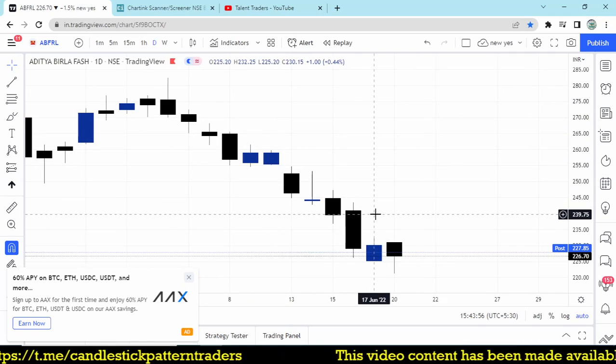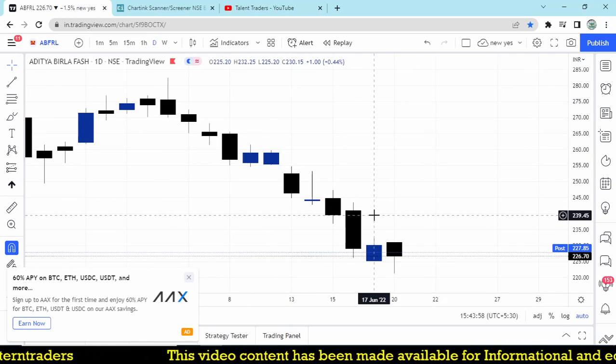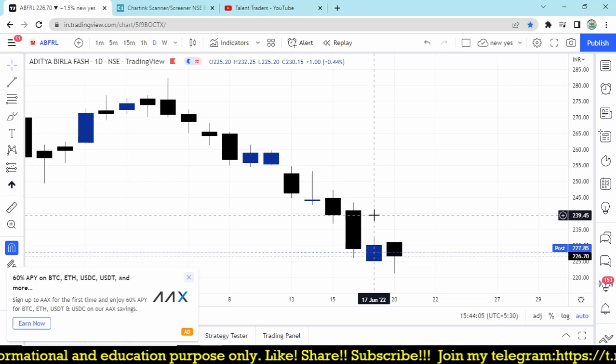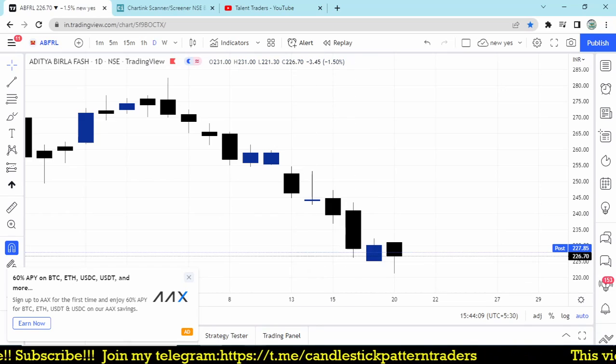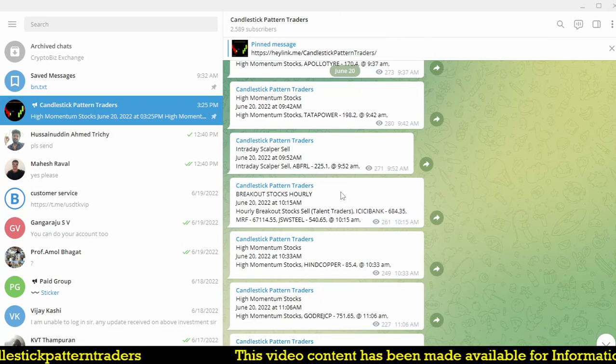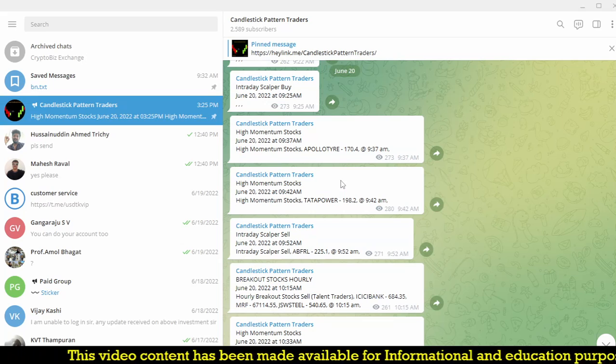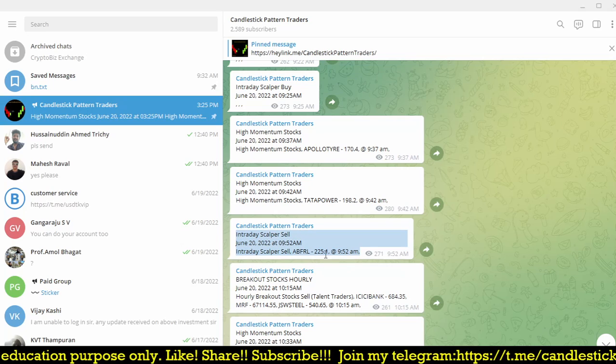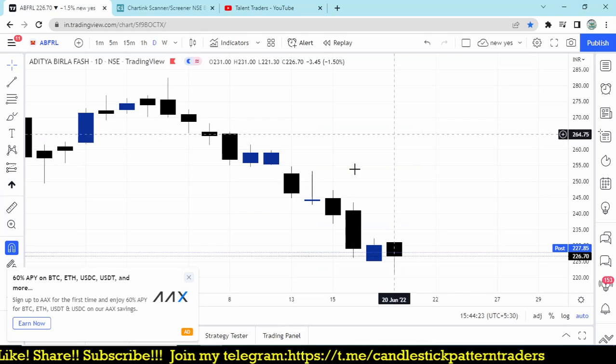Let's see this ABFRL. Yesterday's open low was 225.20. Exactly, yesterday's low is 225.20, and today it broke the low around 9:52. That is the scanner alert we sent on our Telegram channel. At 9:52 the stock was breaching the previous day low around 225.10.